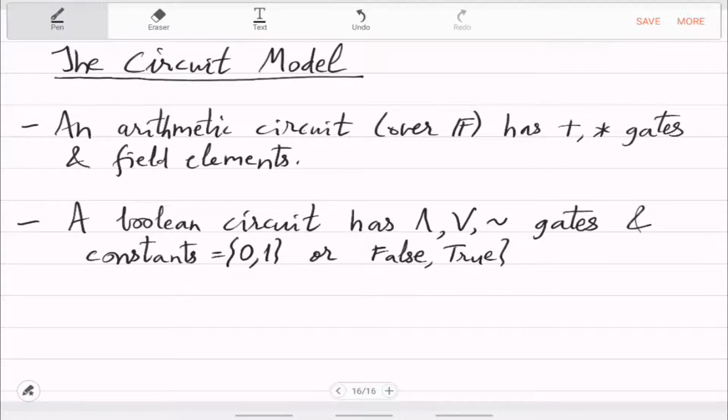Okay, so that's an arithmetic circuit and a Boolean circuit.